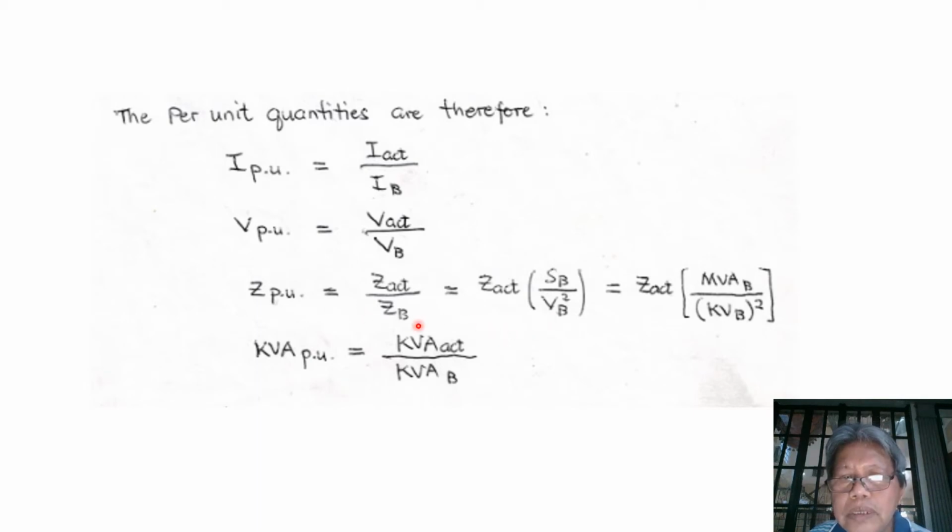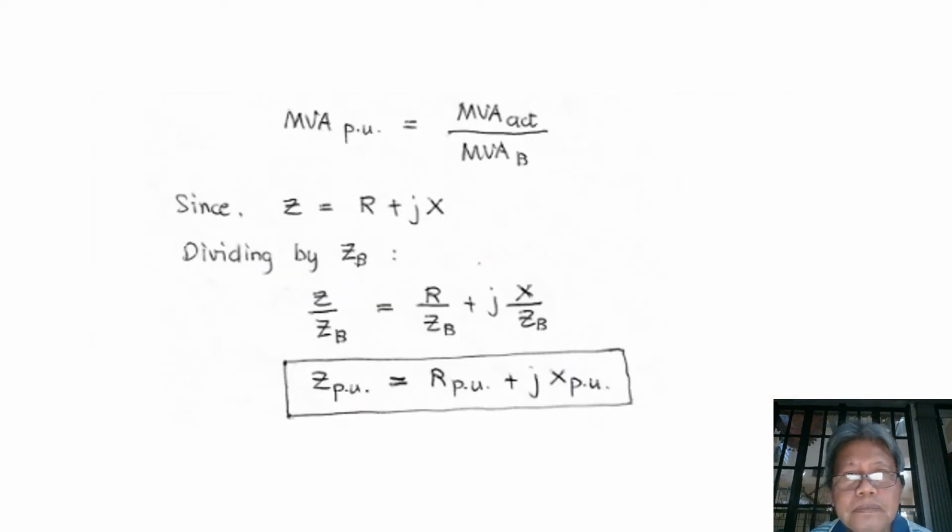Substituting the base impedance, it is equal to Z actual times SB over V B squared, or Z actual in terms of MVA and kV squared, so it is this. And our kVA PU will just be equal to kVA actual divided by the kVA base. And our MVA PU will be equal to MVA actual divided by MVA base.